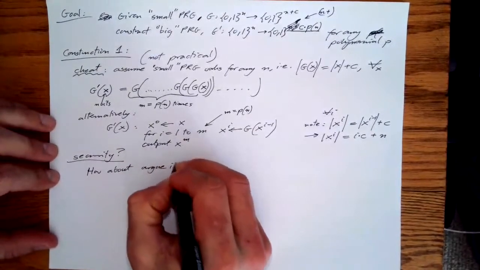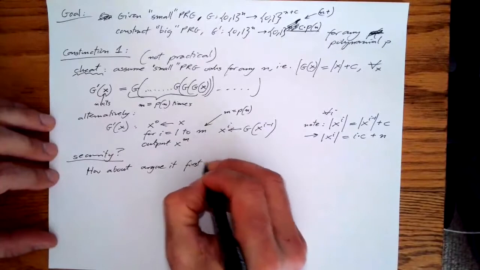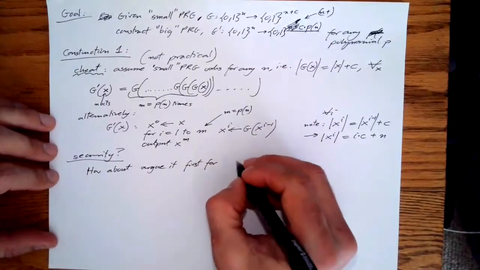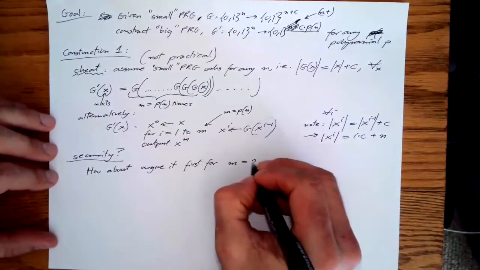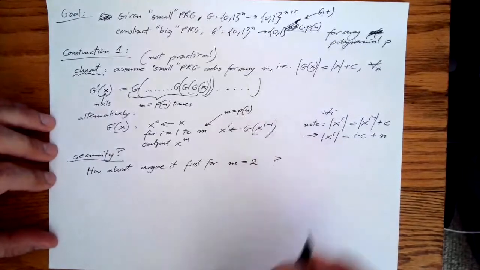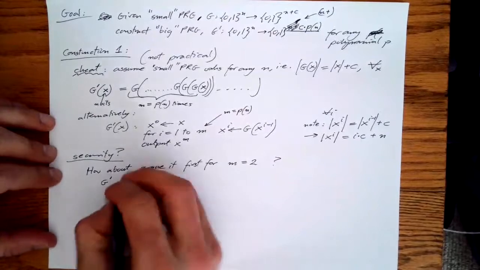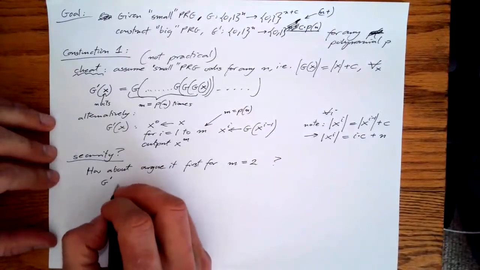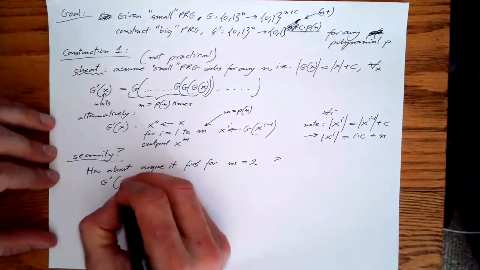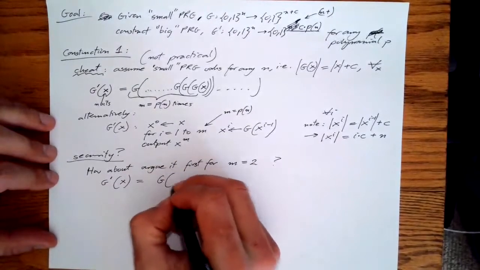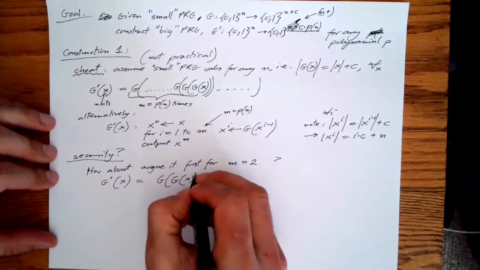Let's argue it first for m equal 2. In this case, G prime of x is G applied to the G of x.